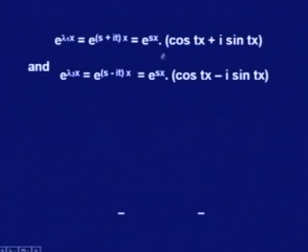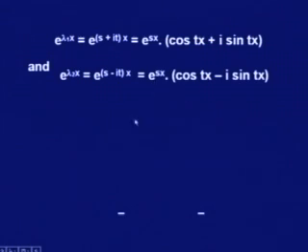What we do is we add these two solutions. If we add, we get 2 times e to the power s x cos t x, and if I divide it by 2, I would get e to the power s x cos t x. Similarly, if I subtract the second one from the first one, I get 2 i times sin t x, of course multiplied with e to the power s x.